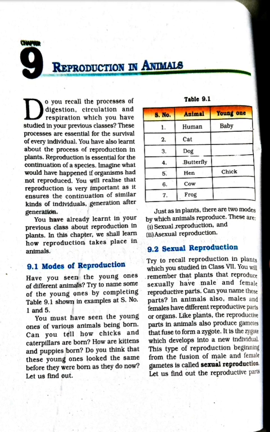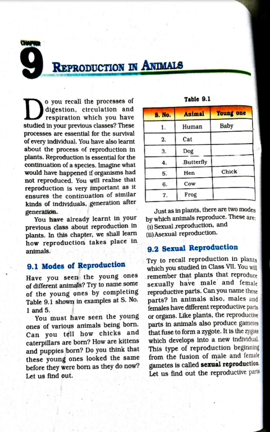First, we can see what is sexual reproduction. In class 7, you have learned that plants that reproduce sexually have male and female reproductive parts. In animals also, males and females have different reproductive parts or organs.